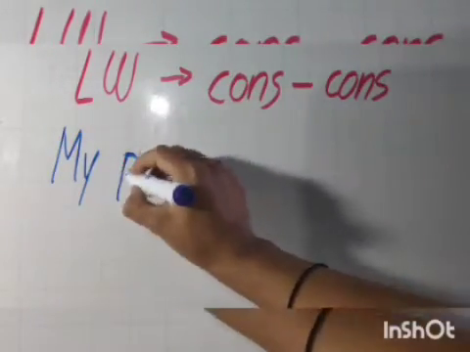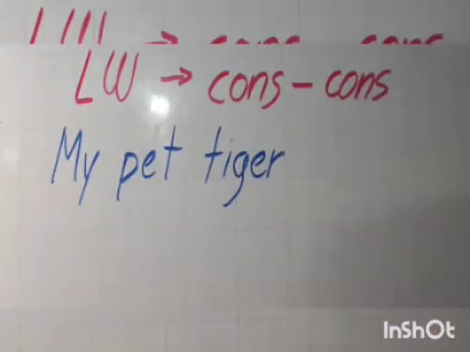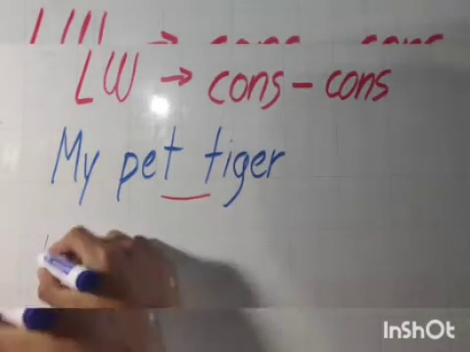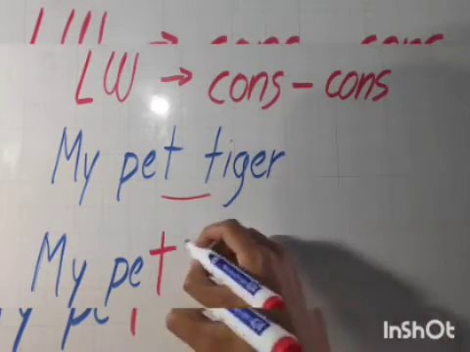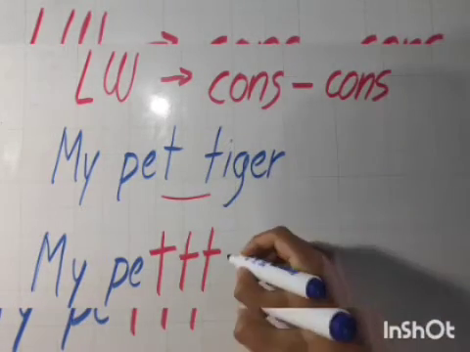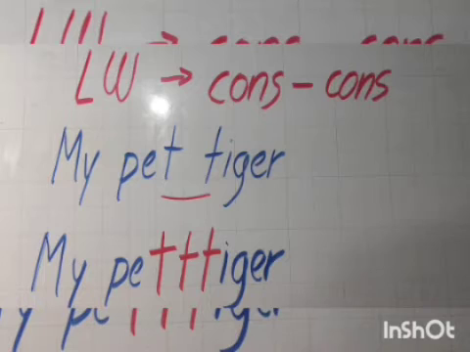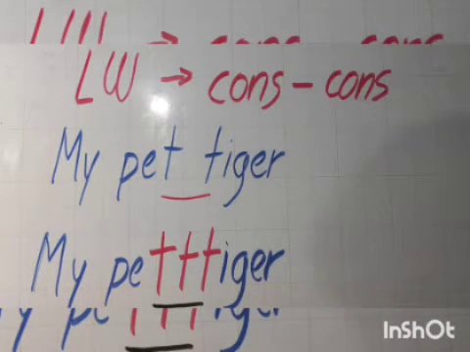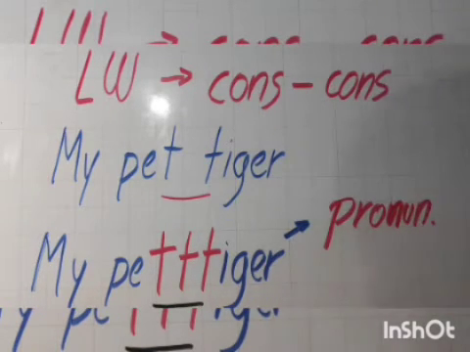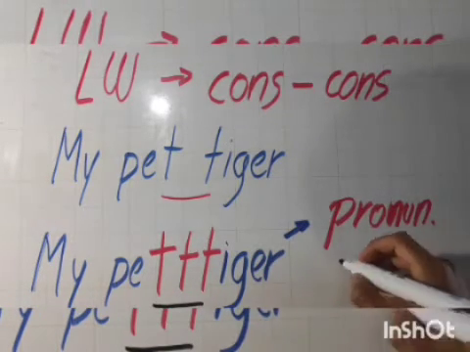In this case, we have the linking between T and T sounds, and that results in "my pet tiger." We have to take into account the moment of pronunciation. It is a faster kind of pronunciation of the words.